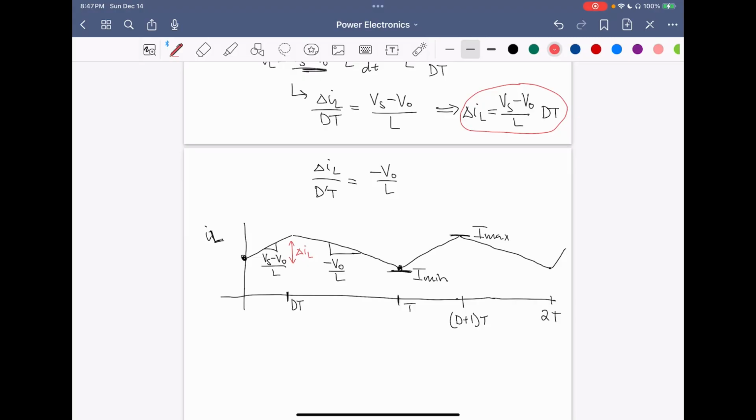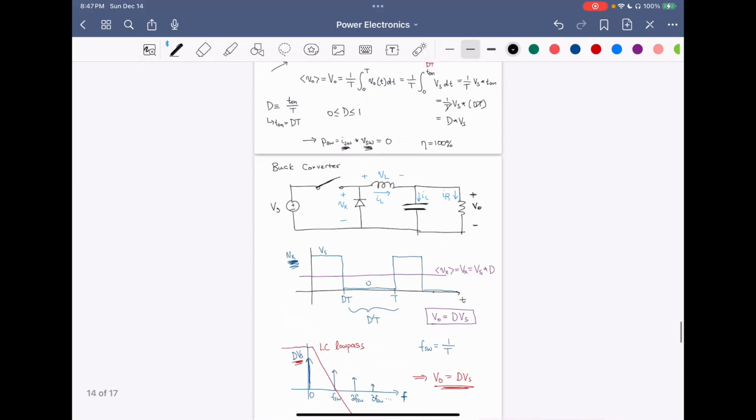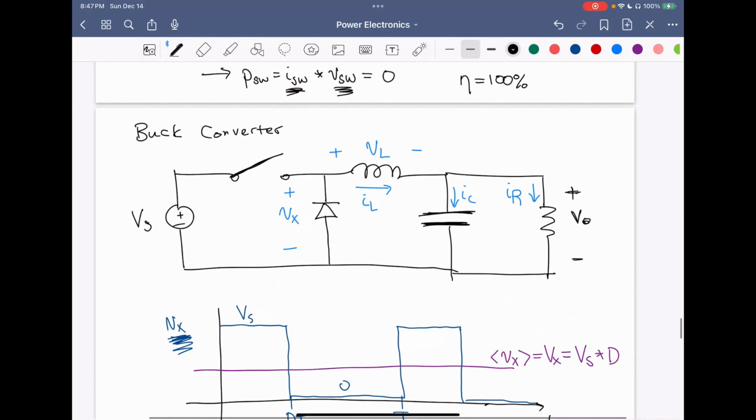Now, what is the average inductor current? Let's go back to our circuit here. In this buck converter, we call upon our principle that the average capacitor current is equal to 0 in periodic steady state.